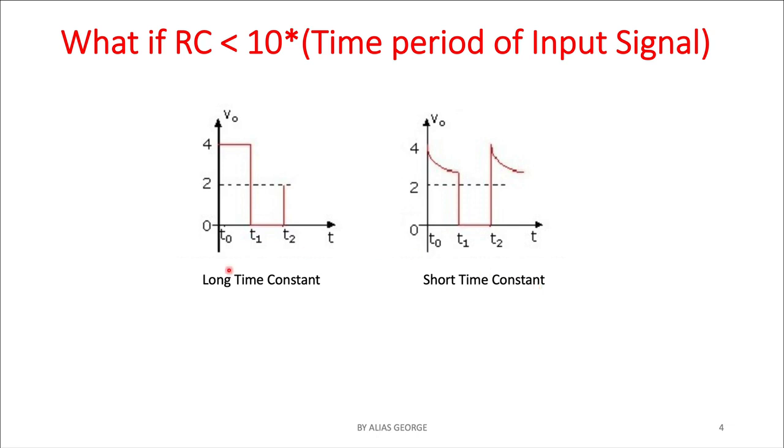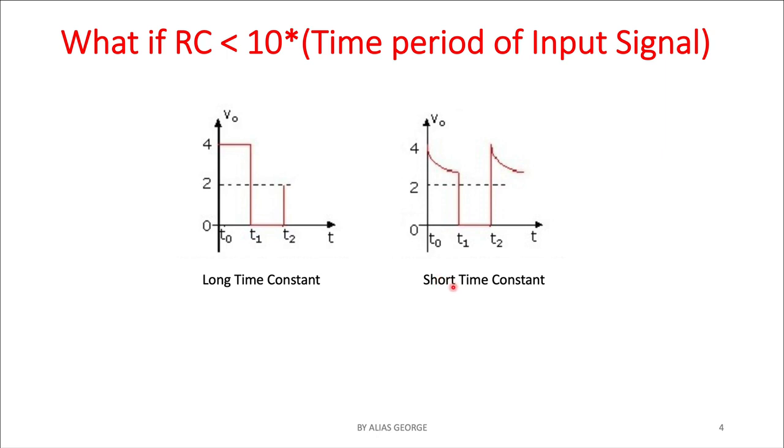In the previous wave illustration, I explained that if the RC constant is a much higher value, the capacitor will provide a constant voltage for a short time interval. This is what is shown here for a long time constant.